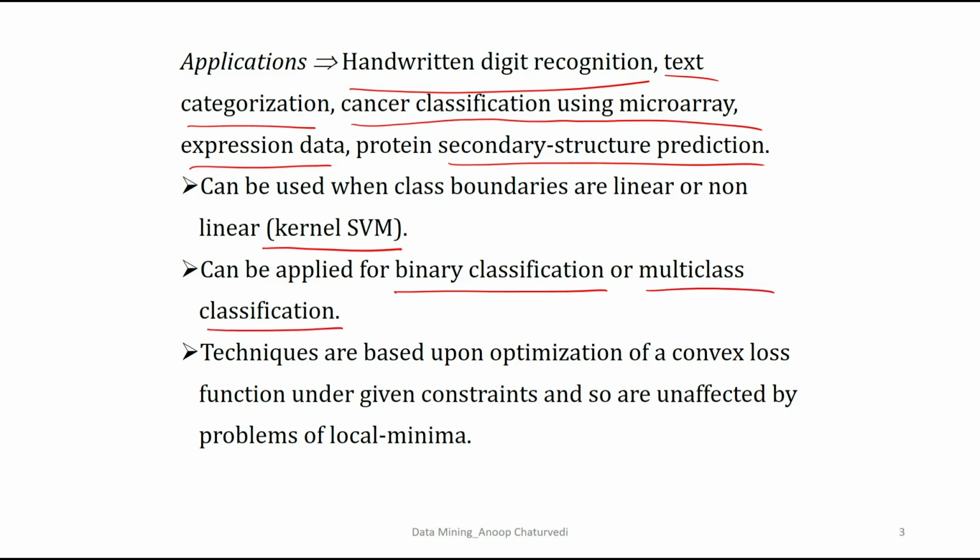So, in both cases we can use support vector machine: when you have just two classes and you have to classify the observations into one of the two classes, or when you have multiple classes and you have to classify an observation into one of those classes. The techniques are based upon optimization of a convex loss function under given constraints, and so are unaffected by problems of local minima.